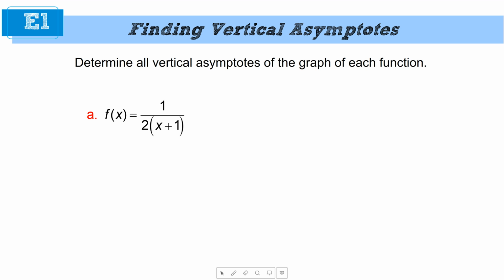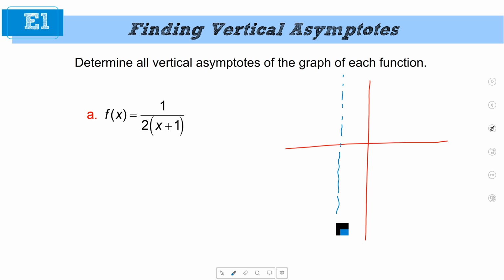Everybody, where's the vertical asymptote in f of x? -1. Okay, good. Now, before we dive into this a little bit more, let's talk about graphing. So I know that I've got some function that has a vertical asymptote at -1.